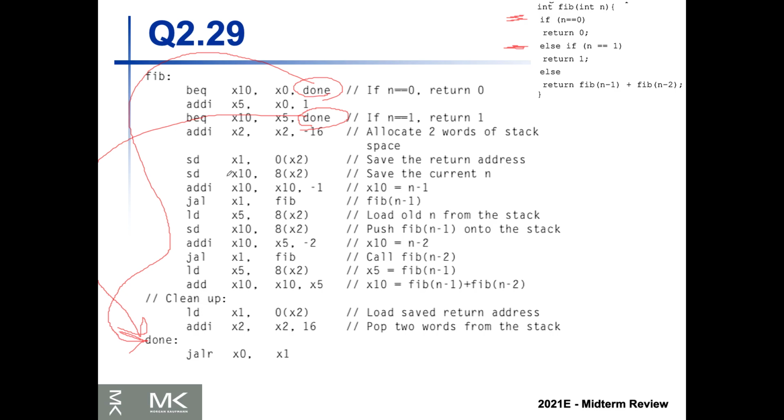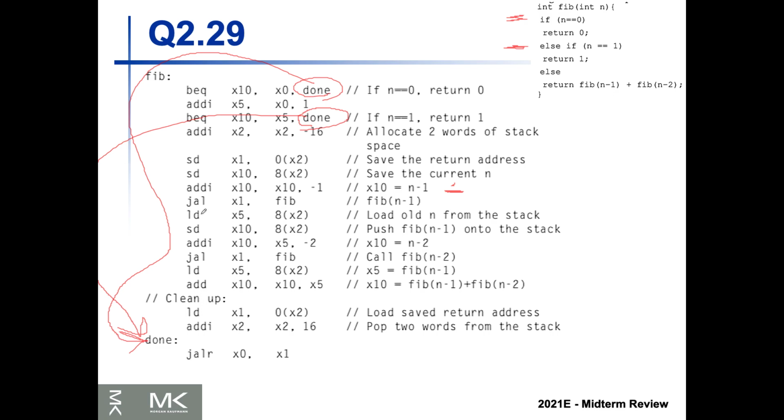Just like the examples we had before, we have to store those: save the return address for the 0th one on x2 and the 8th one on x2. Then here, we have to assign n minus 1 to x10.